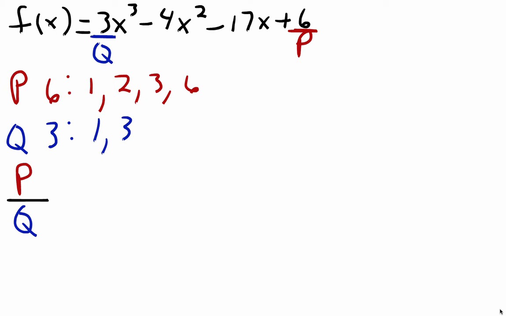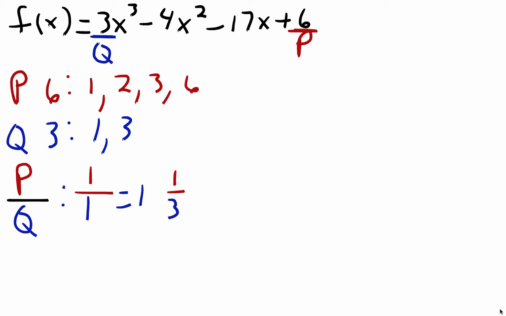We're going to have 1 over 1, which represents 1. Simplest form is 1. Then we'll take 1 over 3. So we take the number 1 and put it over everything in the bottom row, the Q.